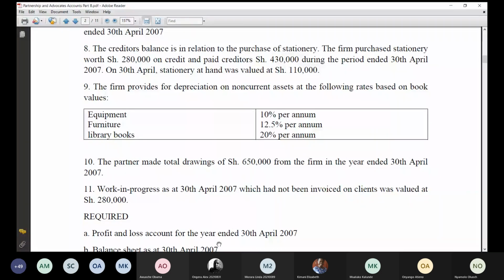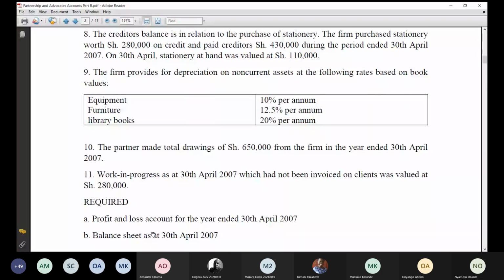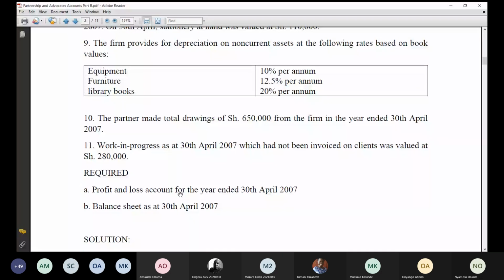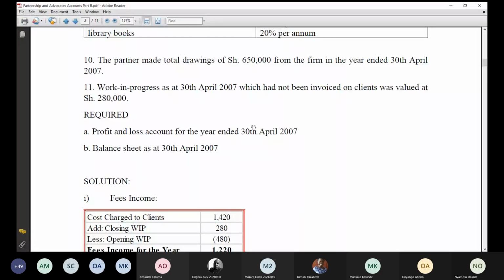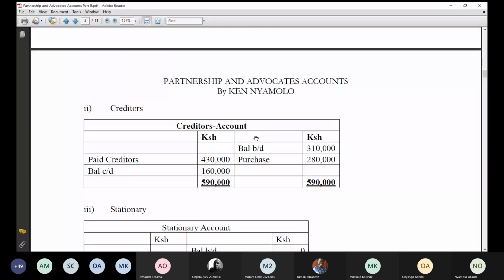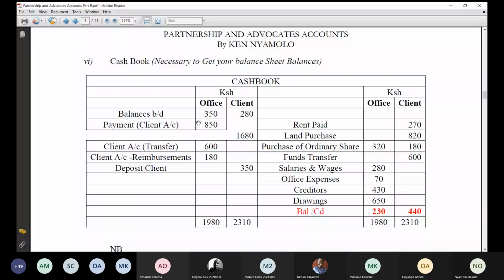Work in progress as at 30th of April, which had not been invoiced to clients, was valued at 280. So we said closing work in progress is the cases that we've not concluded. Very interesting. Even before we start working on that, let me introduce you to two accounts that are maintained.